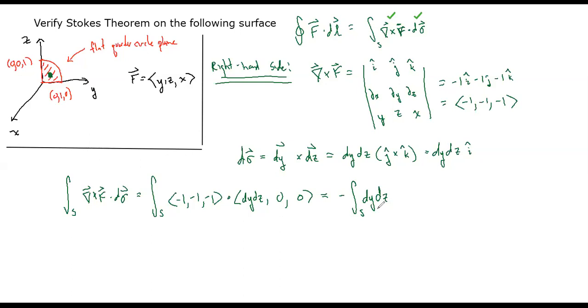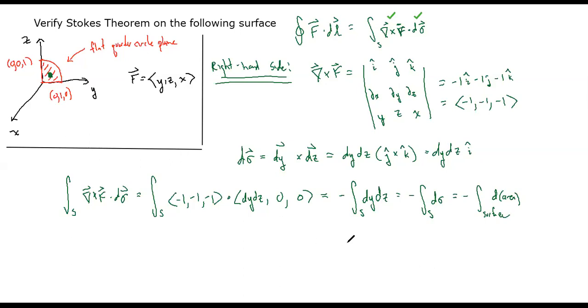Okay, it's easy to get lost in the weeds here, but this is really the following. Or negative d surface, d area. Okay.